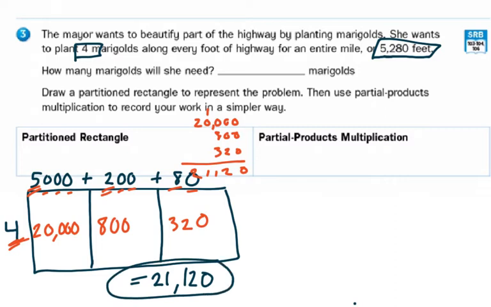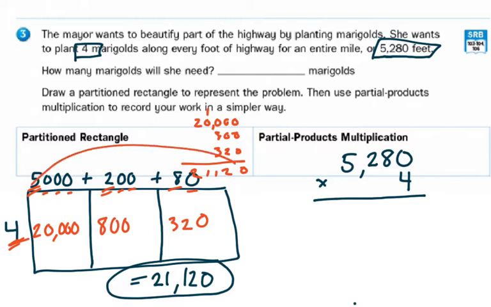Now I'm going to teach you what's called the partial products using that same problem, 5,280. Go ahead and write this in your math journal on the bottom of page 119. What I'm going to do is the same thing I did over here, except I'm going to take out all of the boxes and make it a little more compact.